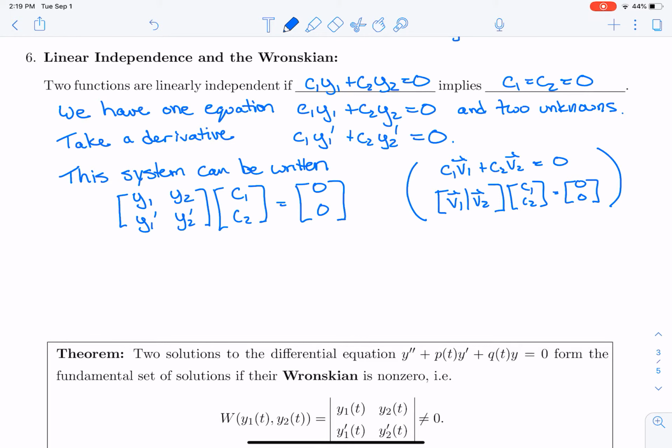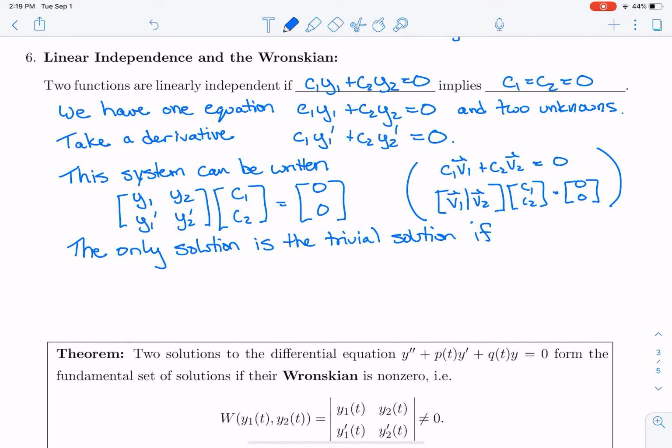Now, this particular system has only one solution, and that solution is only the trivial solution if my matrix is invertible. But what's a nice easy way to show that a matrix is invertible?